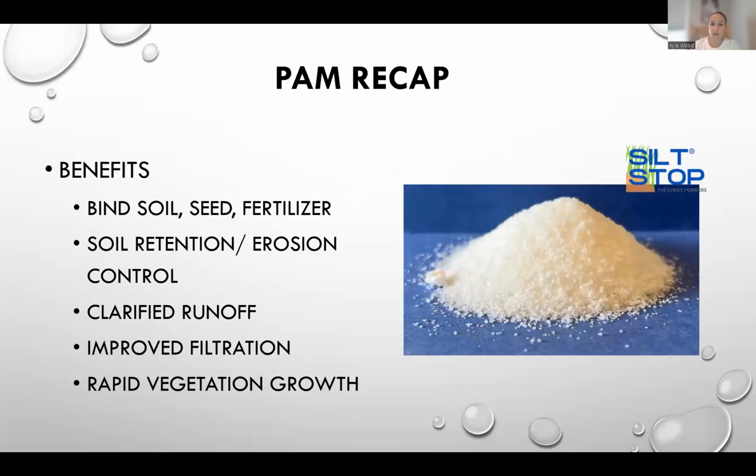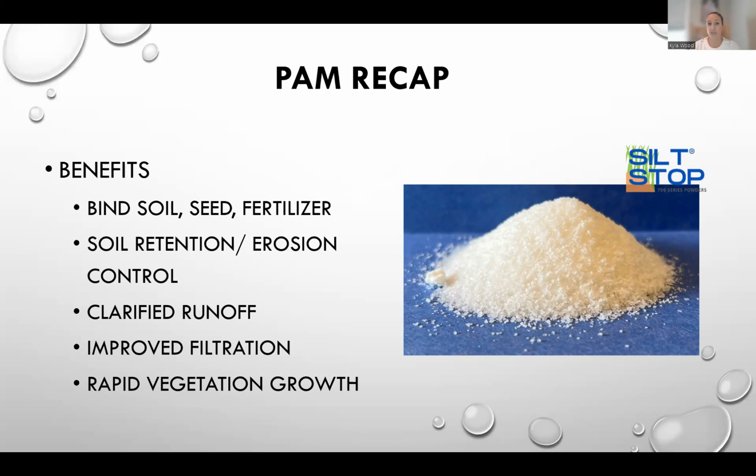So we talked a little bit about this before, but the benefit of using PAM is not just to hold the particles in place to prevent erosion. It's able to bind not just the soil, but if you have a mulch mix or a seed mix, you're trying to establish vegetation, it'll hold the seed.